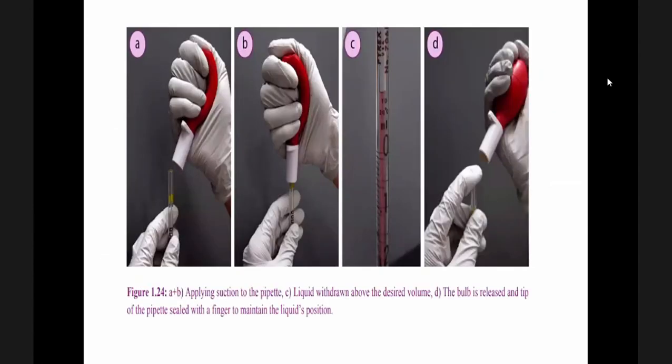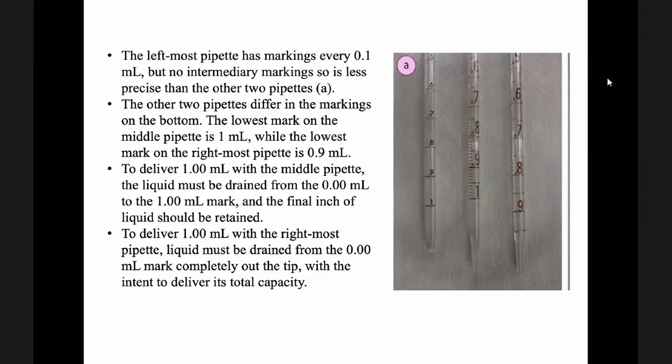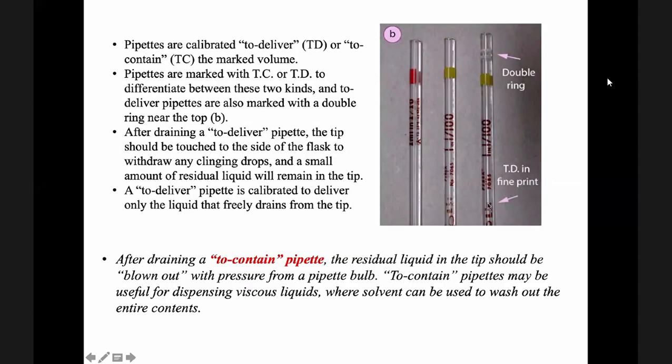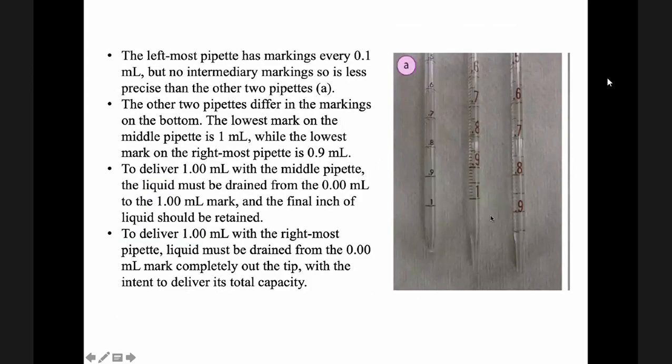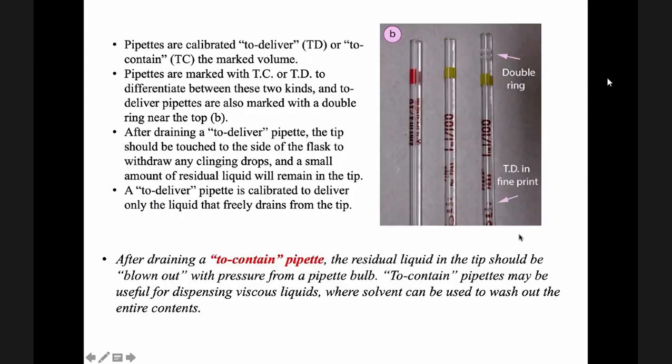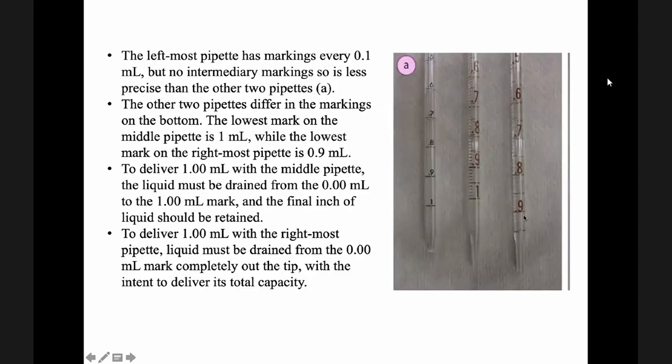So going back to this one. This is the to deliver pipette and this one is the to contain pipette. So after draining the to contain pipette, the residual liquid on the tip should be blown out with pressure from the bulb. The remaining liquid should be blown out.